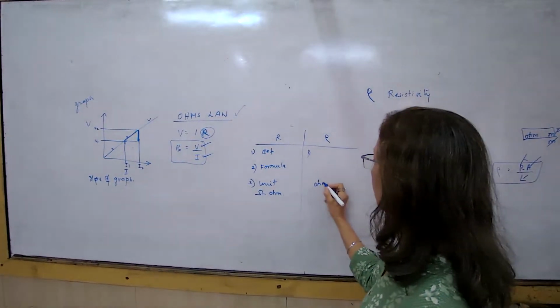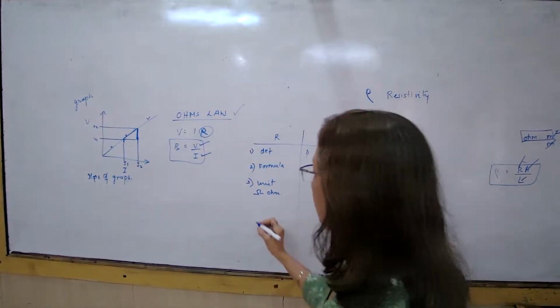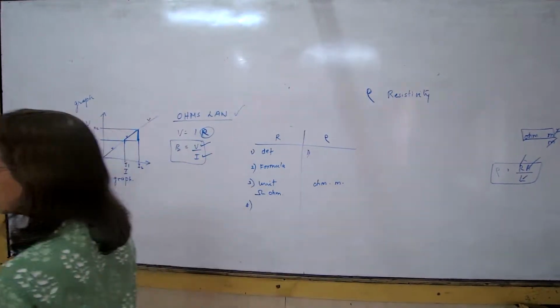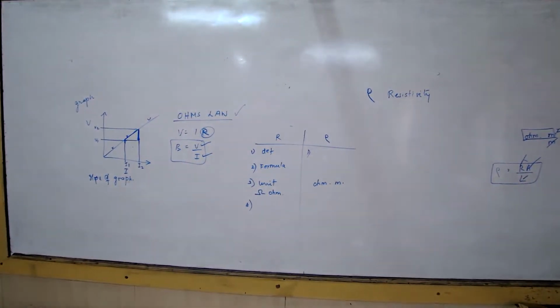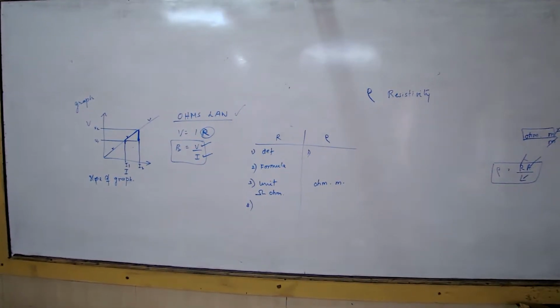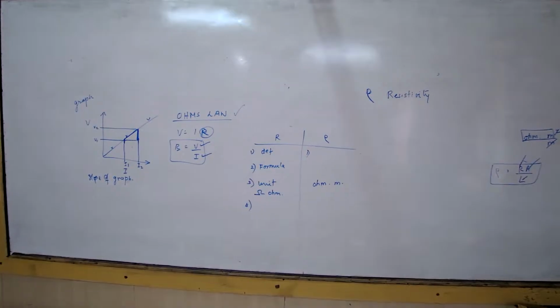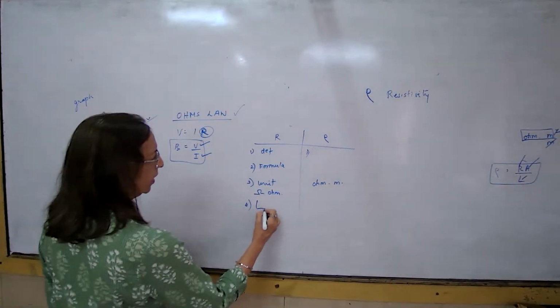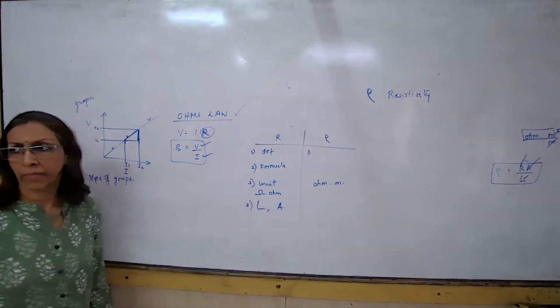Fourth one. Resistance depends upon length and cross-sectional area.